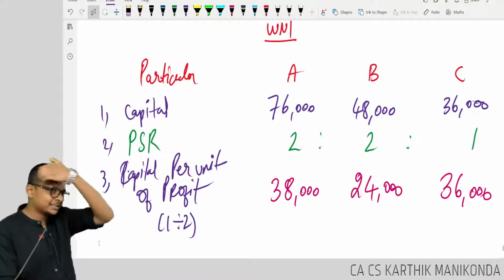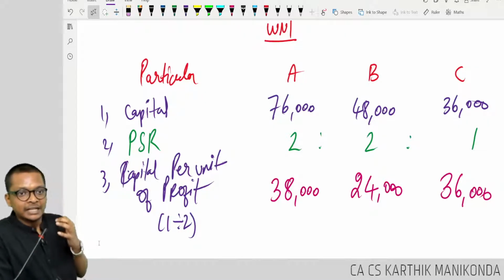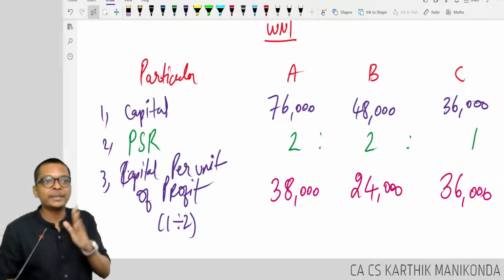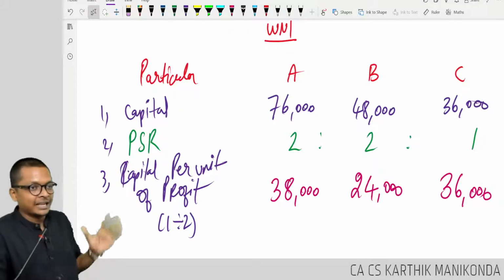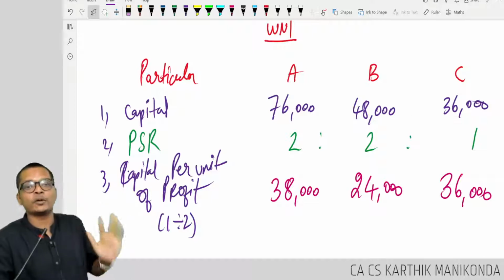What do you mean by this? Let me explain. For every 1 rupee of profit, how much did A invest? Loudly. 38,000. How much did B invest? 24,000. How much did C invest? 36,000. Who is the smart one? B. B for 1 rupee profit invested only 24,000. Others are fools. They invested 38,000 and 36,000 for 1 rupee profit.